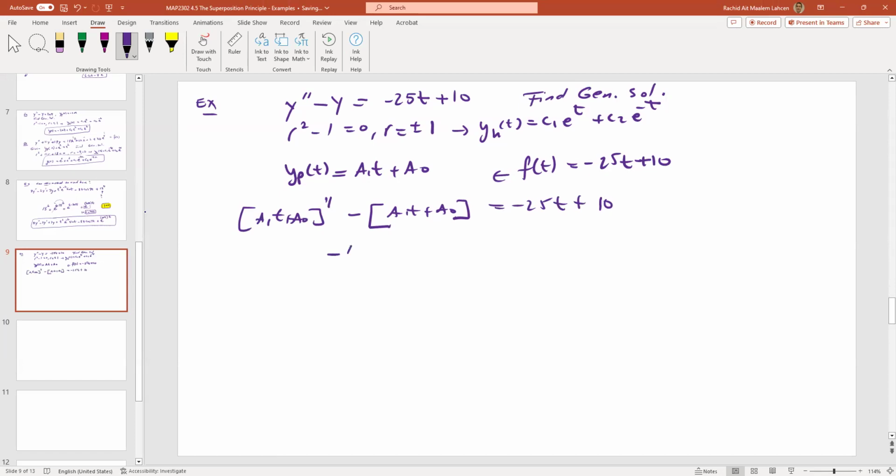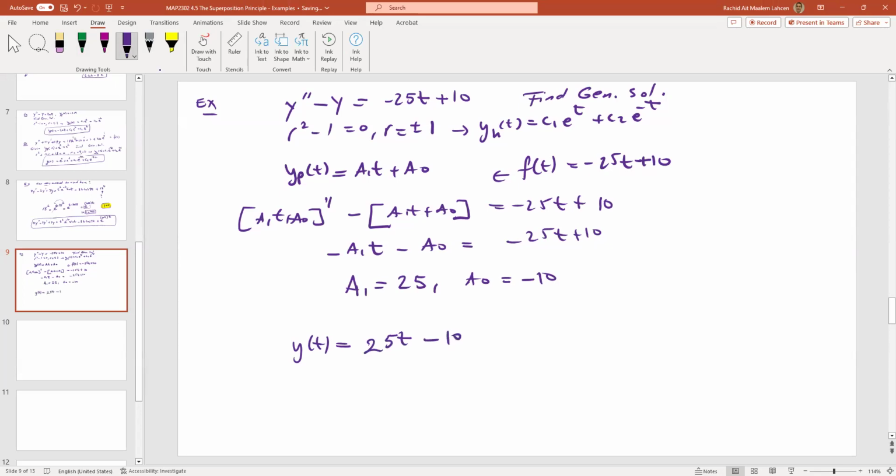And when you do this, you would get this part. And that gives us that a sub 1 is 25, and a naught is -10, and so the general solution to this differential equation is given as this.